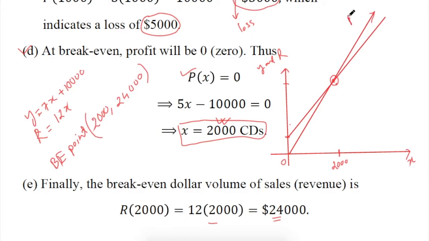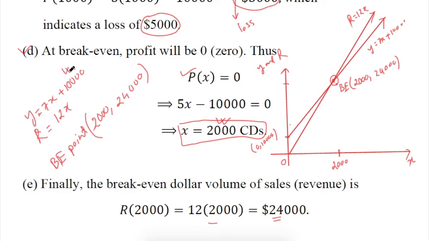Let's say R equals 12x, and this is the cost line, which is y equals 7x plus 10,000, and this is the break-even point, which is the coordinate 2000 and 24,000, and the coordinate of this point is 0, 10,000, because the y-intercept is 10,000.